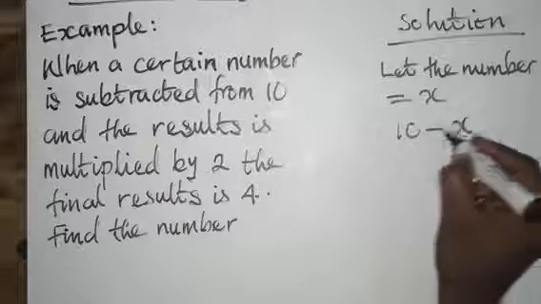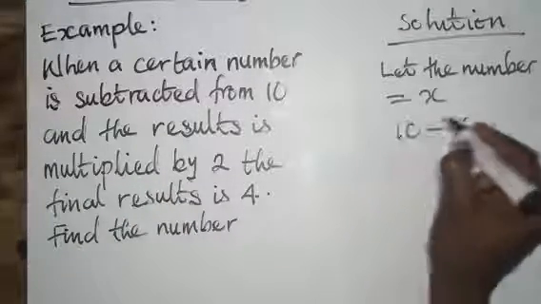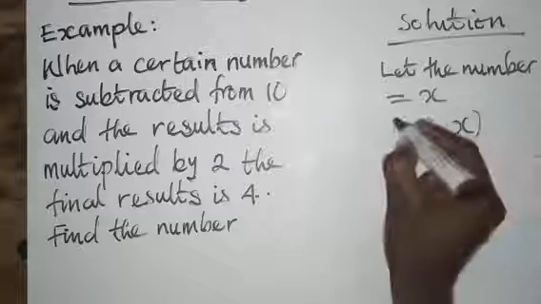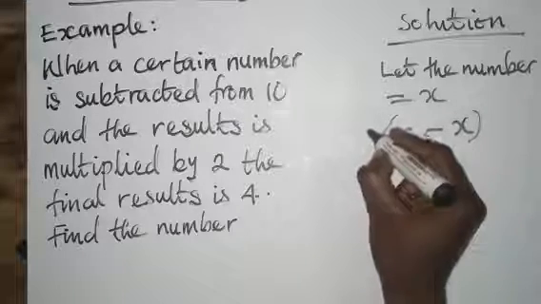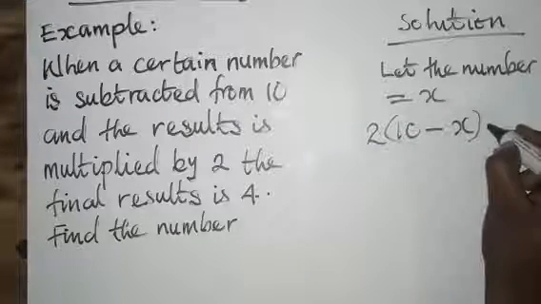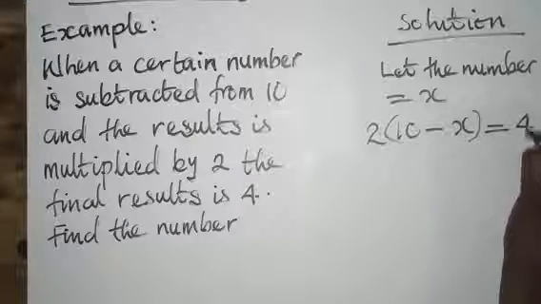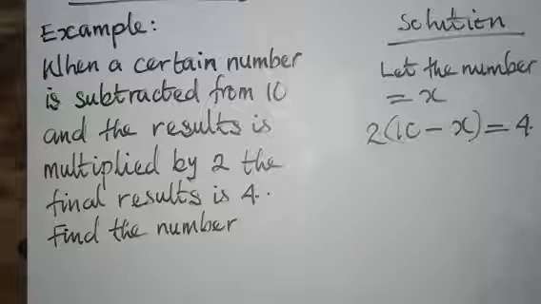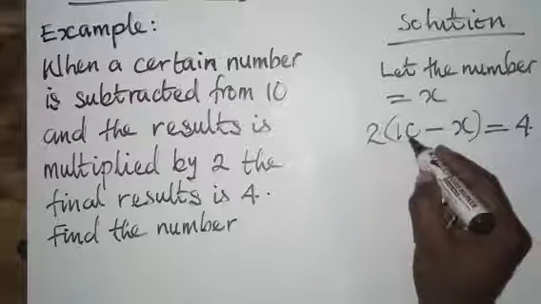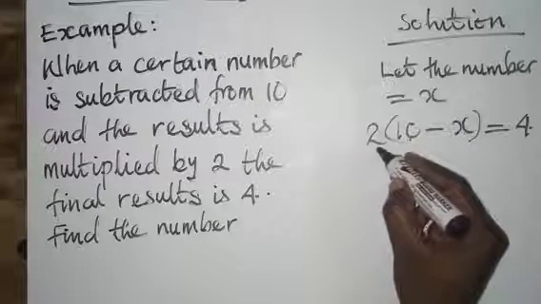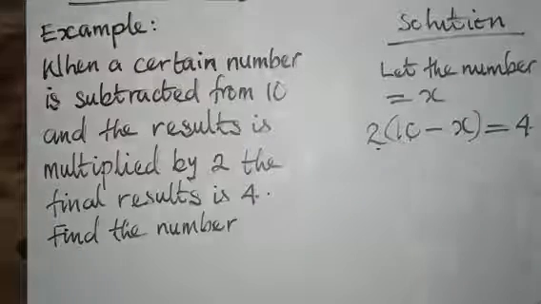So when I take x from 10 and I multiply the whole of this by 2, the result is equal to 4. We have to find the number. So what is the number that when I subtract it from 10 and I multiply the result by 2, I'm going to get 4?